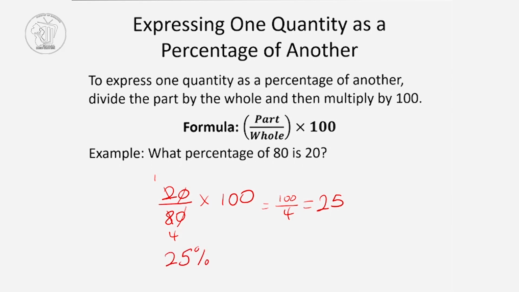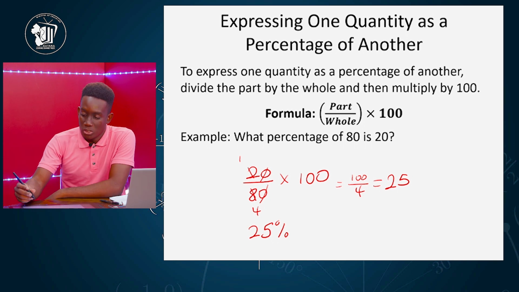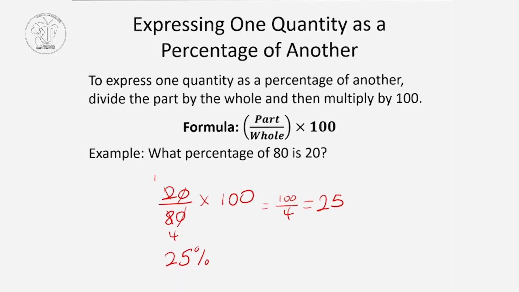So to check this, we wanted to find what percentage of 80 is 20. So we can do a little working in the corner here. So we said that 25% of 80 is 20. So let's find 25% of 80. So this is 25 over 100 multiplied by 80. And this should work out and give us 20 if what we did was correct.